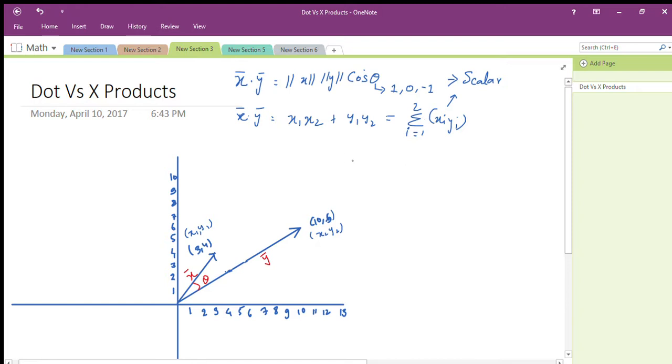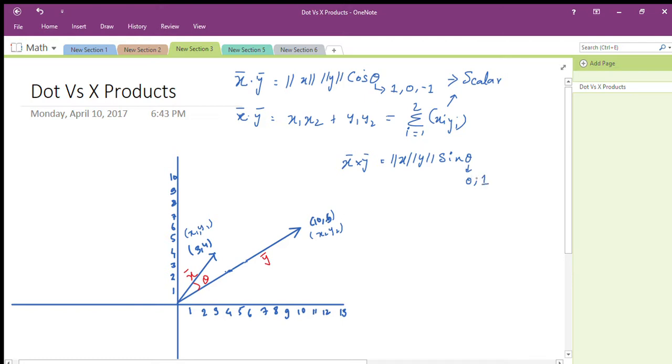Now let's quickly see what the cross product is, right? x bar cross y bar. This is pretty similar so far, but the only difference is it is sine theta. That's the difference, right? And if you look at sine theta values, at 0, sine 0 is 0, sine 90 is 1, right?